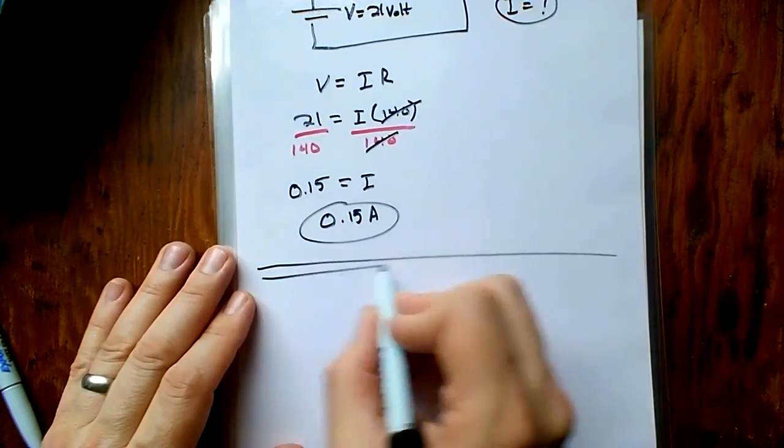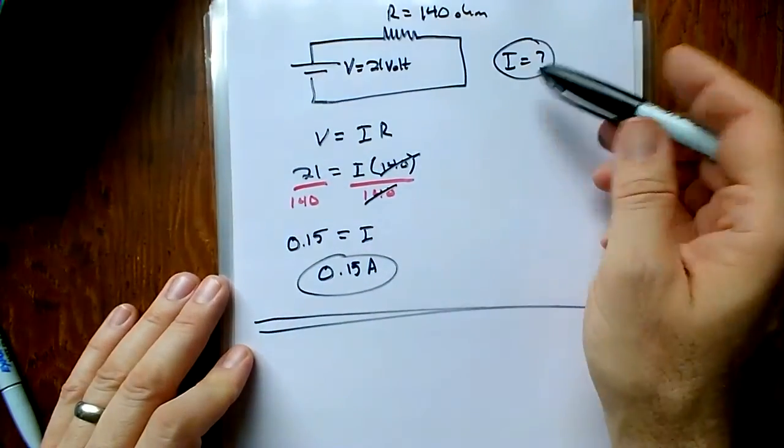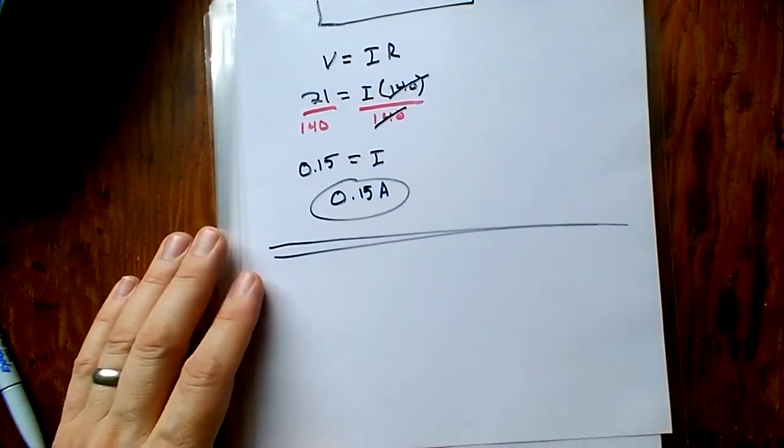For our last example here, we've solved for a resistance, we've solved for a current. Let's see what happens when I solve for, say, a voltage.